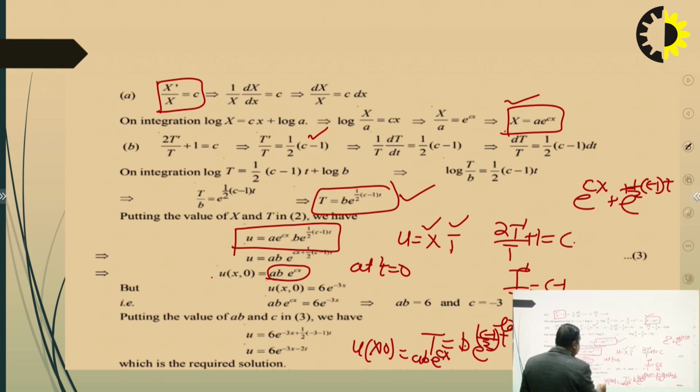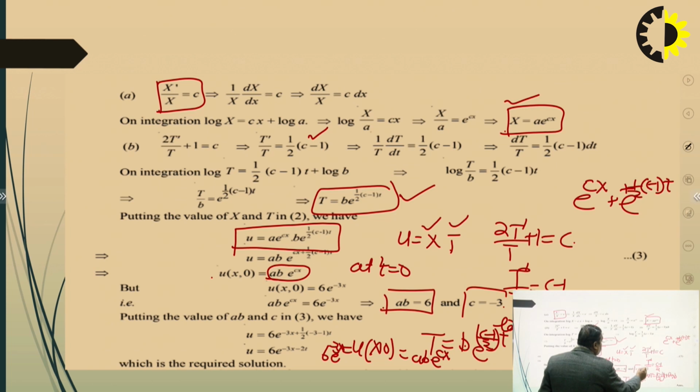And u(x,0) equals 6 e to the power minus 3x, as given in the initial problem. On comparing, ab equals 6 and c equals minus 3.